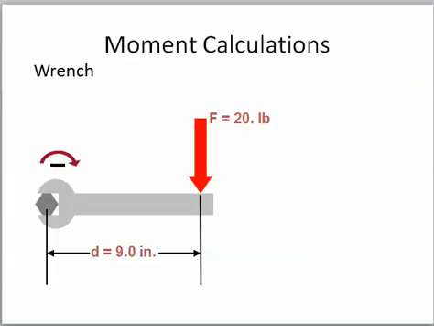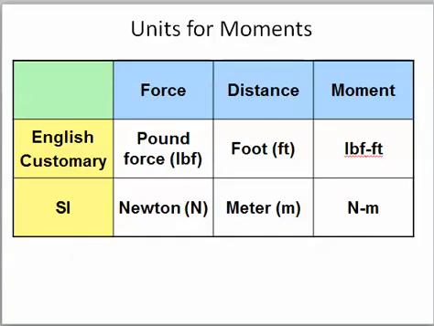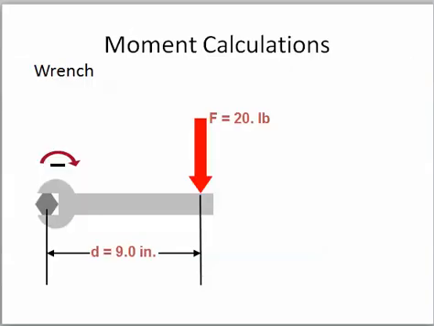Okay, so let's do some moment calculations. One of the things I want to take you back to is that in English, it's foot-pounds per foot. That means on this very first problem, they've given us a distance in inches, so we're going to have to convert that into feet.